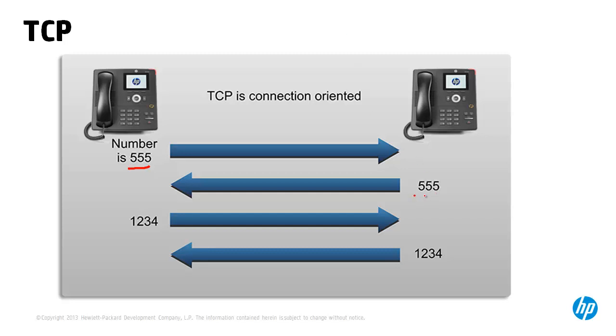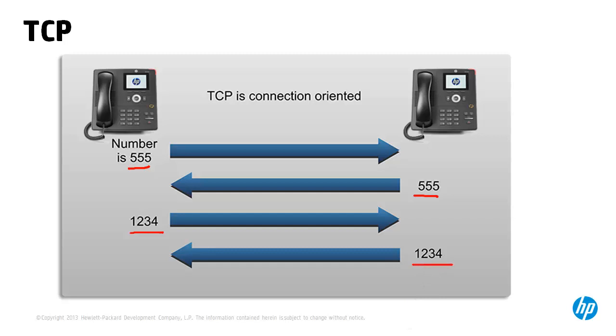"The number received is 555." The party on the left-hand side would then ensure that the number was received correctly and would then continue with subsequent digits such as 1234. The party on the right-hand side would read those numbers back to ensure correct receipt of the number, so 1234.